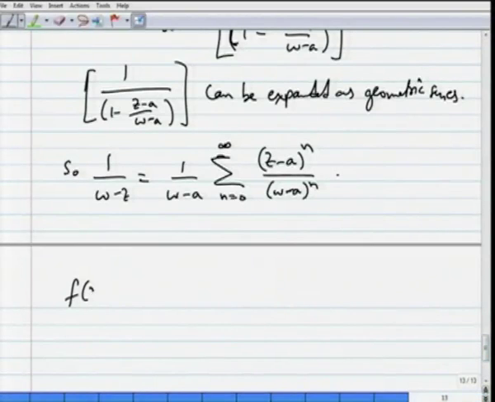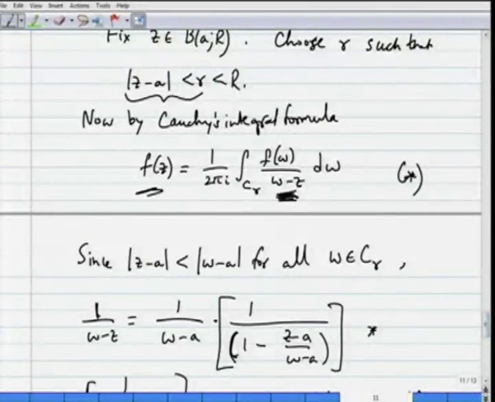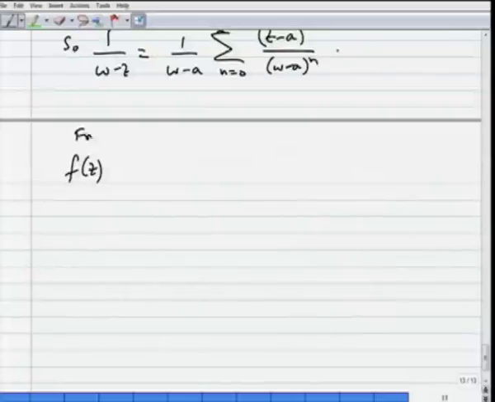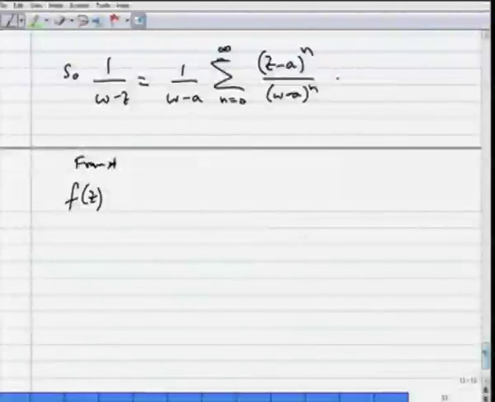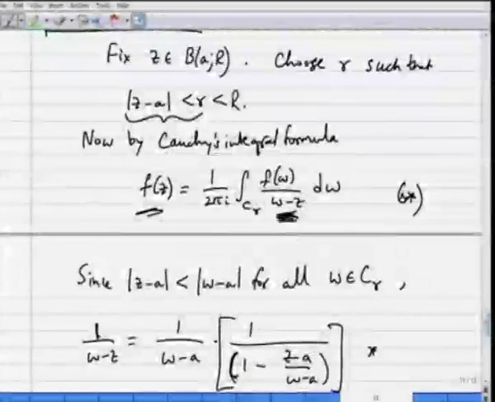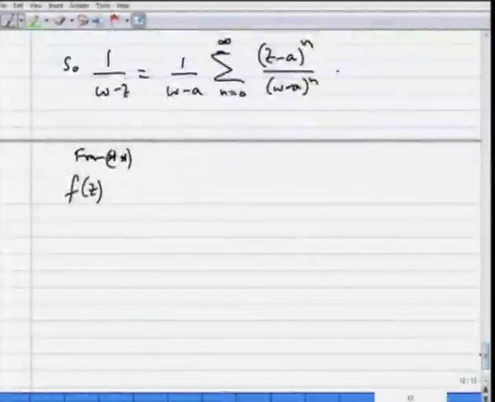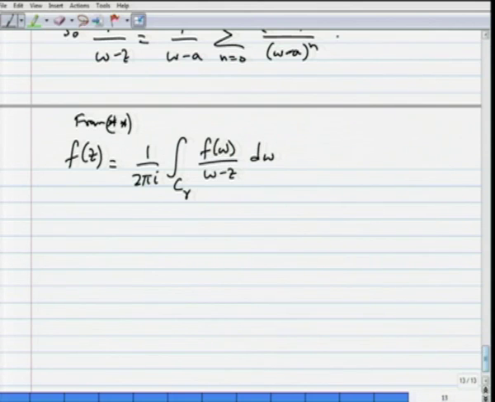Okay. So, f of z from that Cauchy's integral formula, I will say from star, this is star. Okay. From star, did I use star earlier? Okay. From star, or let me call it star star, maybe I have used star. Okay. So, star star. From star star, f of z is equal to 1 by 2 pi i times integration over the contour C r of f of w divided by w minus z dw, and I have written w minus z in this fashion here.